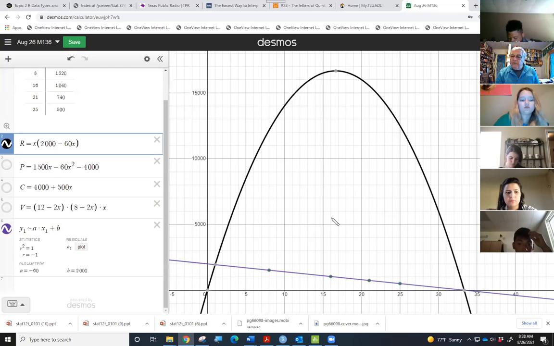What's the max revenue that I could expect? Where is revenue the highest? Now that we've got a picture of that revenue function, it's pretty clear that this point right up here is where revenue is going to be the highest, isn't it?